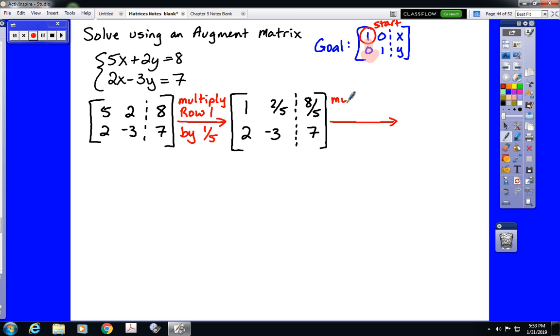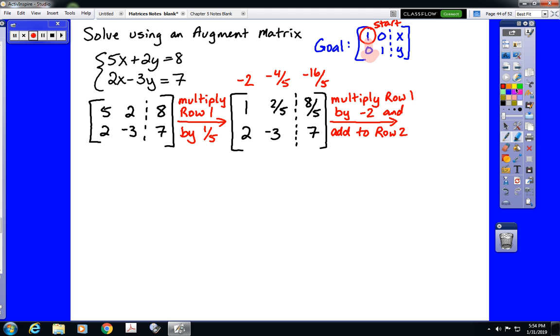We are going to multiply a copy of row 1 by -2, and then we're going to add it to row 2. The way I like to show this is I will show the multiplied copy above row 1. So if I'm going to multiply row 1 by -2, that would give me -2, -4/5, and -16/5. That's these numbers multiplied by -2.